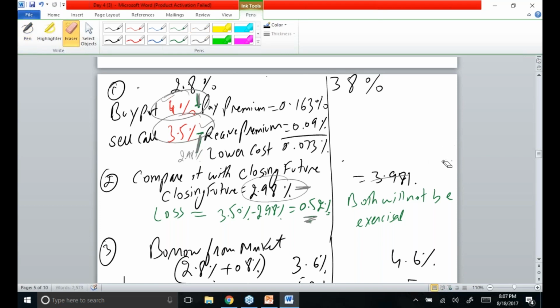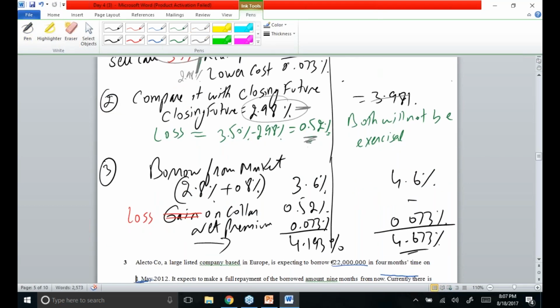In step number 3, you will actually borrow from the market. This is a very similar step to what we have done in future and option.